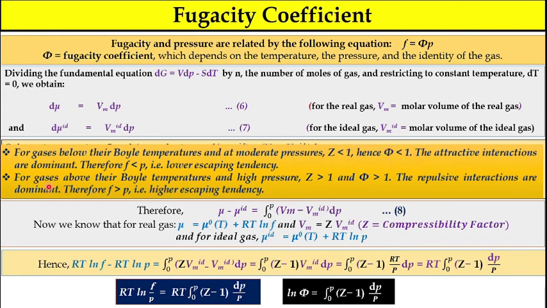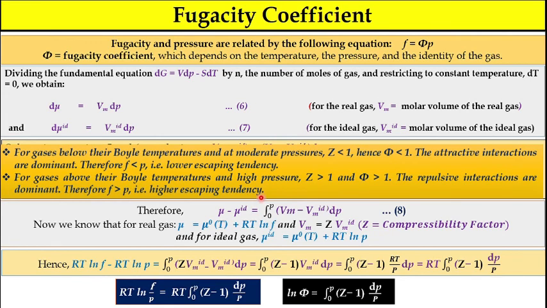For gases above their Boyle temperature and high pressure, Z is greater than 1, and if Z is greater than 1, you can write from that equation phi is also greater than 1. So repulsive interactions are dominant, and if phi is greater than 1, you can write that f is greater than P, so higher escaping tendency.